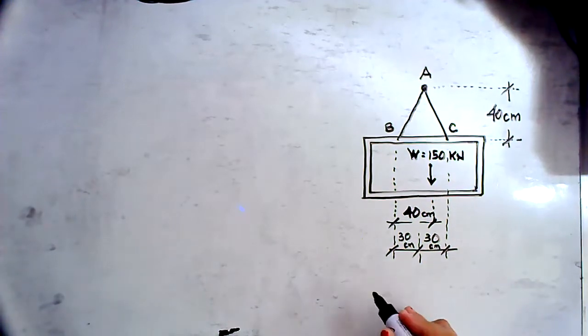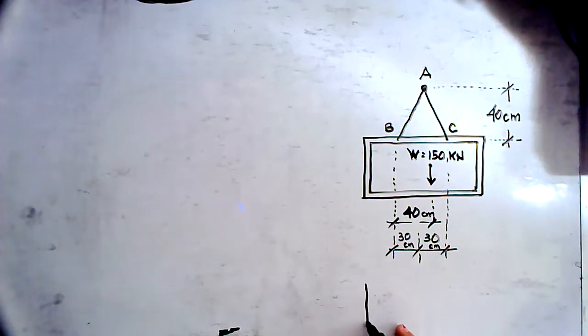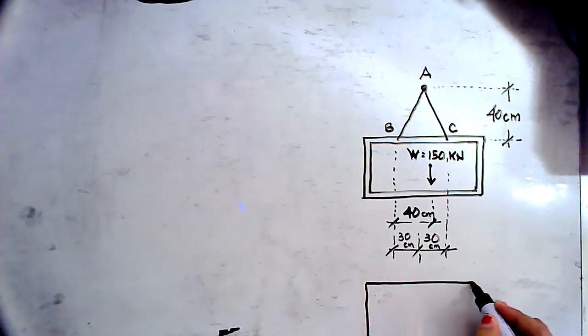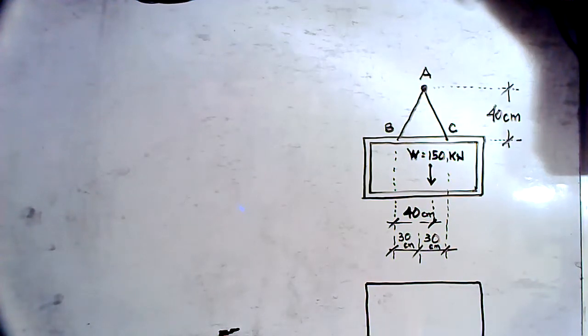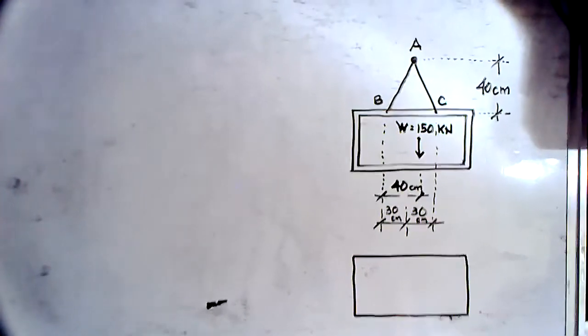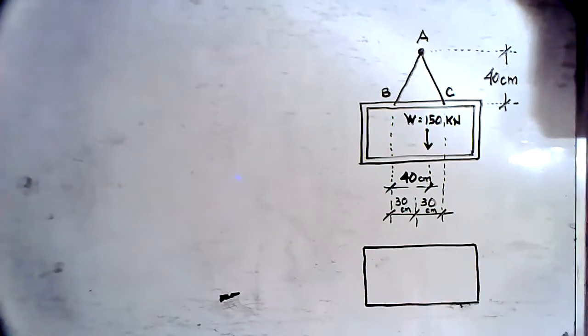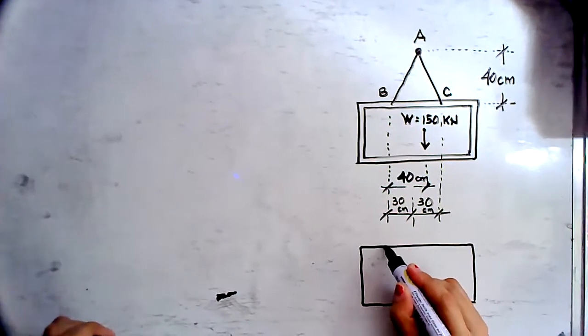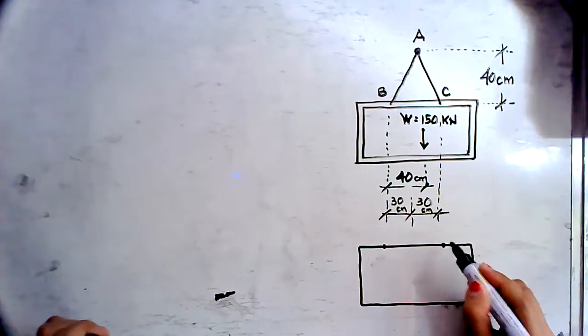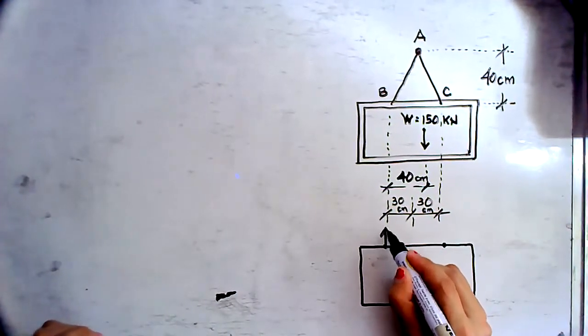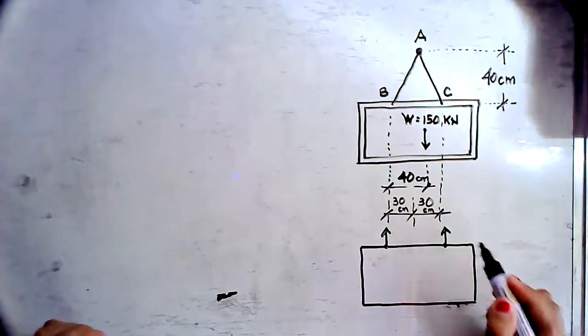So if you are going to draw a free body diagram, before we determine the tension in the cord AB, we can now represent the forces by drawing the free body diagram. The free body diagram will show us that we have the weight of 150 kilonewton, and the tension in the cord can be represented by this arrow.